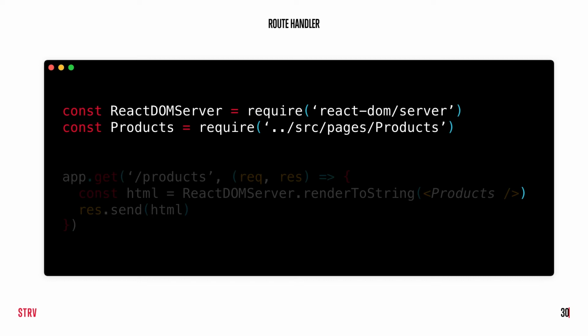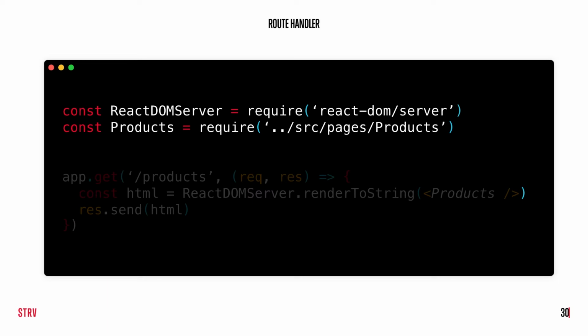So let's take a look at how it will look with server-side rendering. It's going to be similar to static export, but we're going to use something like Express or Koa or even just raw Node.js to render our HTML. So in this case, we import the React DOM.